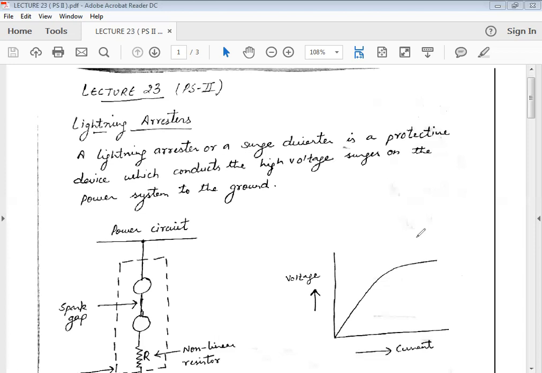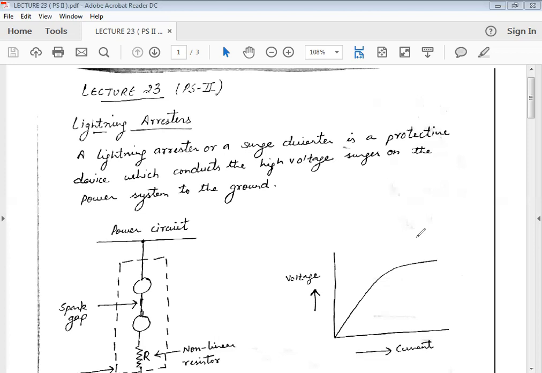The earthing screen is basically a network of copper conductors installed over the substation equipment to protect our system from over voltages. Next, there is the ground wire.